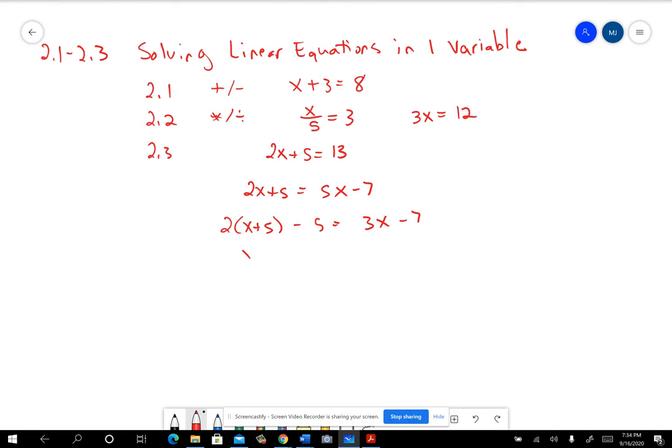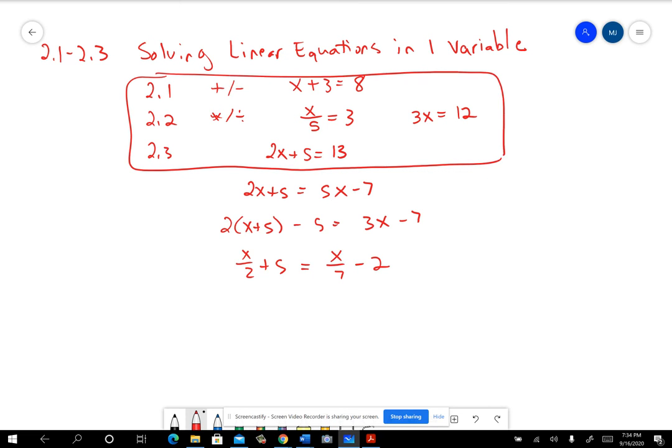What if there are problems with fractions in them? How would you handle things like that? And also decimals. I'm going to do a video that covers these in a minute.